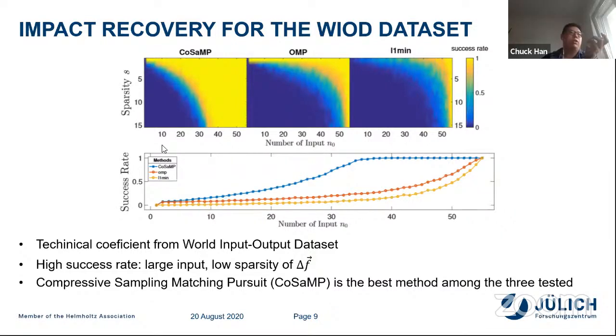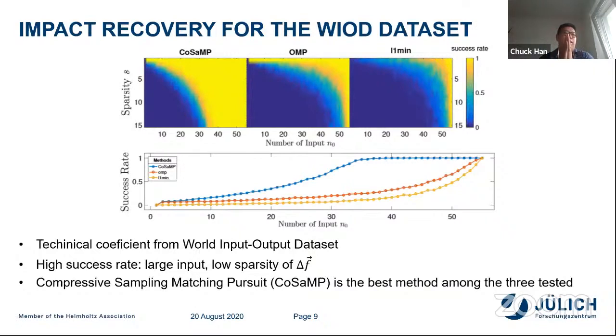Okay, so the sparsity itself, this is wrong here, because the sparsity should actually be the number of zero entries in the vector. But what we define as sparse is, in our case, we go all the way up to 15. We test different scenarios and randomly generate the values for each of the sectors on the demand side.